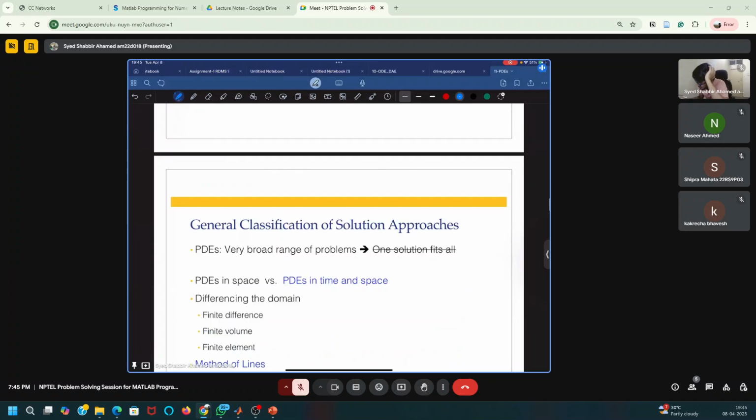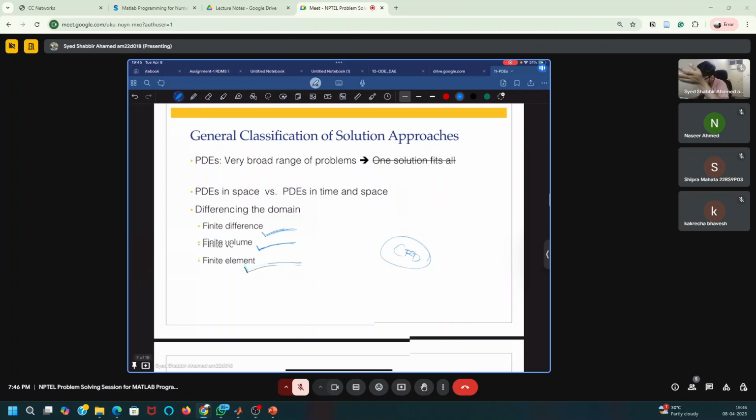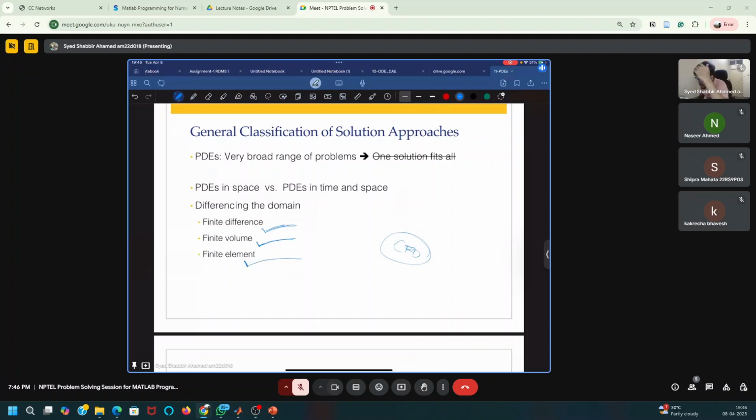As we see, there are a lot of problems which we can solve, like elliptic, parabolic, hyperbolic. These are a very broad range of problems, and we cannot say one approach will fit everything. As I've said, you cannot use finite element probably for a fluid mechanics problem.